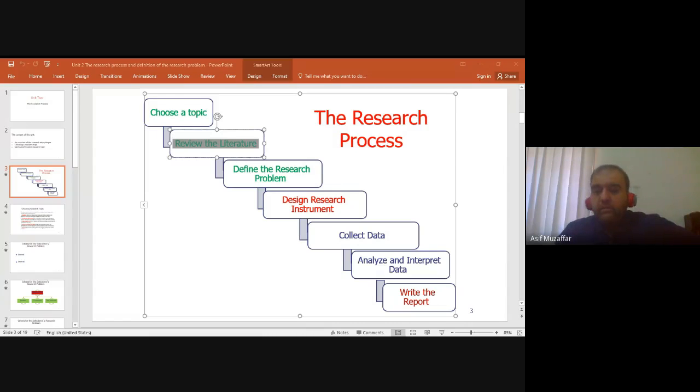Okay. When you download a paper, I will give you a simple technique. Maybe you will say, sir, there are 200 papers or 100 papers related to my research. Okay, no problem. But you cannot read all those papers to find the important things in them. So the best way is to read the abstract.